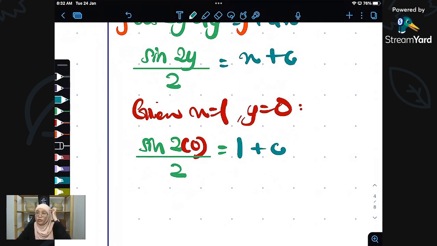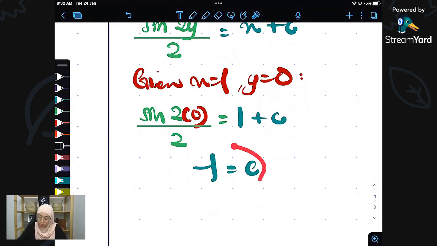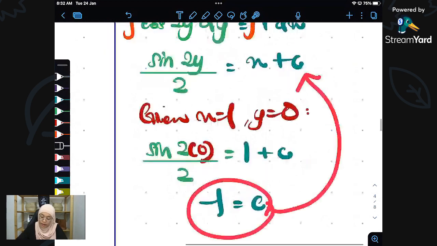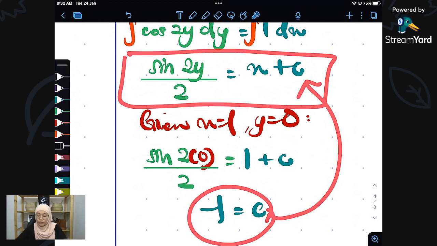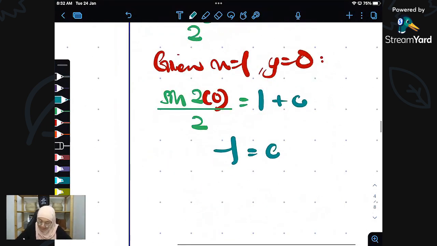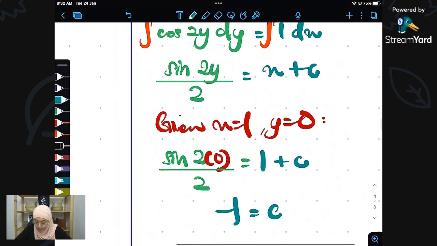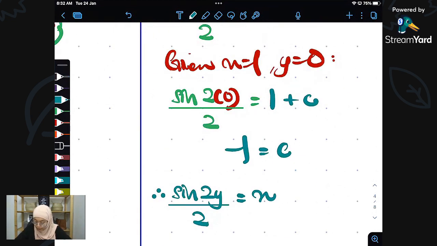Since I know that sine 0 is still 0, my value of c is equal to -1. So c is equal to -1. We are ready to sub this into the general solution, and then we will get the particular solution. The answer is sine 2y over 2 equals x minus 1.